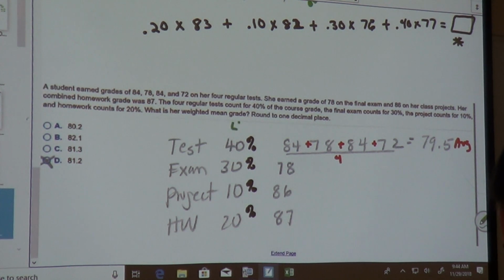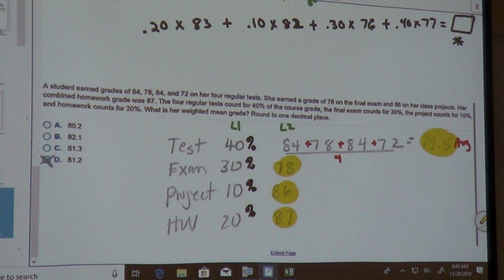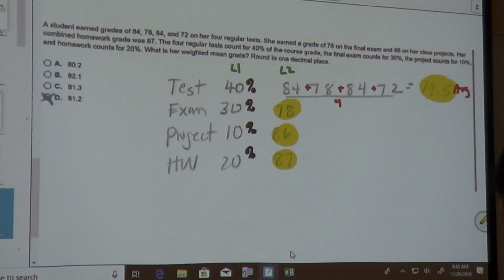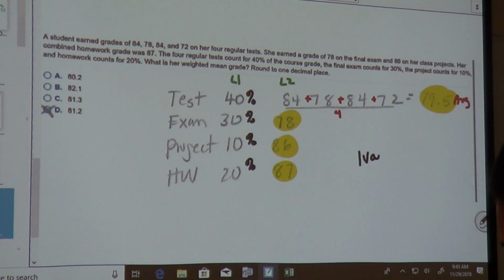So this would be your L1, and in your L2, you would put this, this, this, and this. And you would do 1 var stats of L1, L2, and find the X bar.